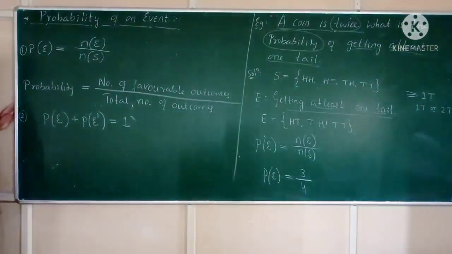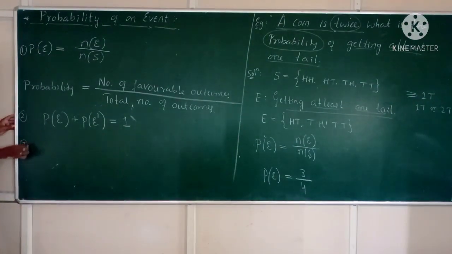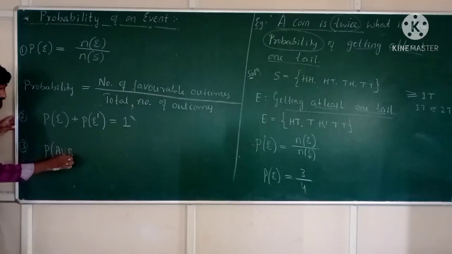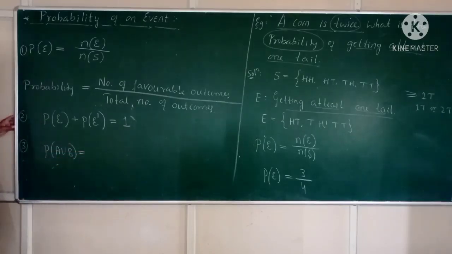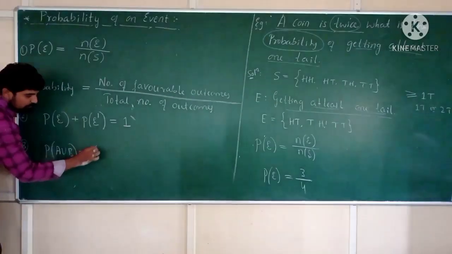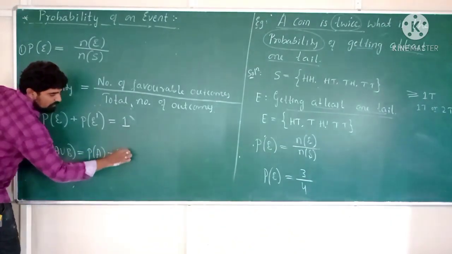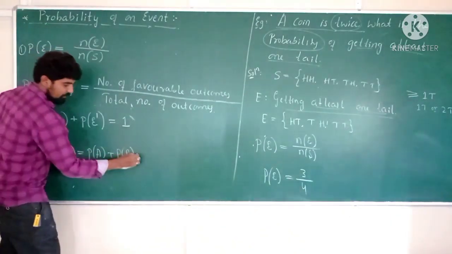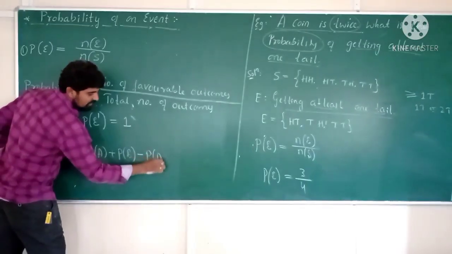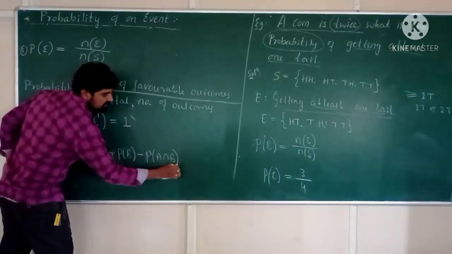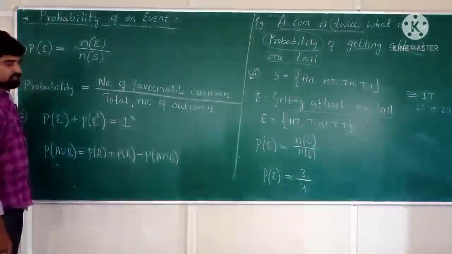I hope all of you understand. And now the third one is the probability of the event A union B, and the formula is given by the probability of A plus the probability of B minus the probability of A intersection B. I hope all of you understood.